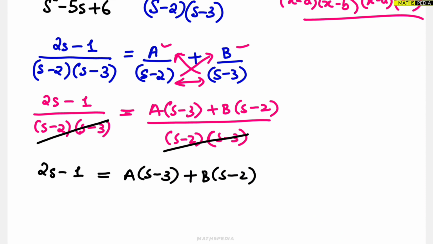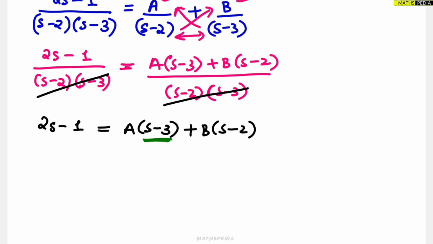Whenever you're getting this kind of thing where only a and b are there and linear factors are there, you can substitute any value in as s. Okay, we'll try to eliminate because it is getting multiplied with a. So put some value of s such that you will eliminate one variable which is a and you will get the value of b.